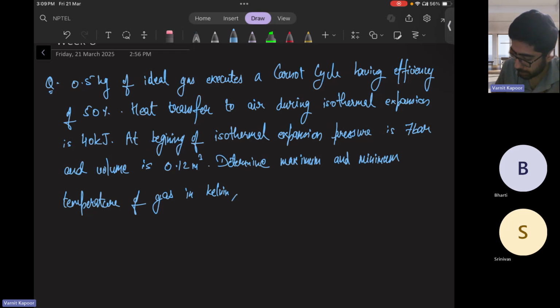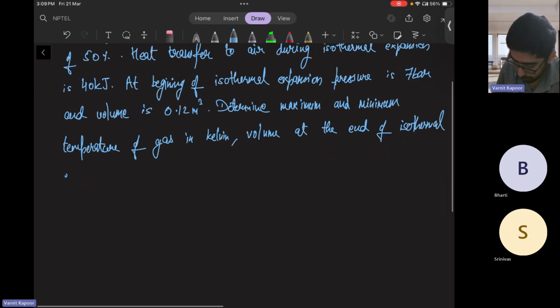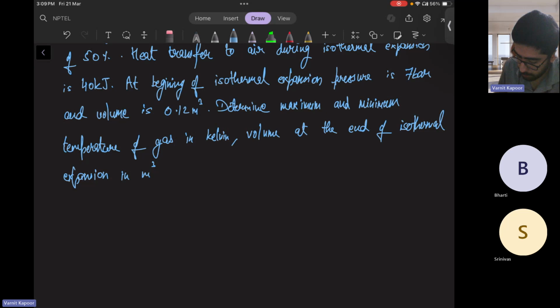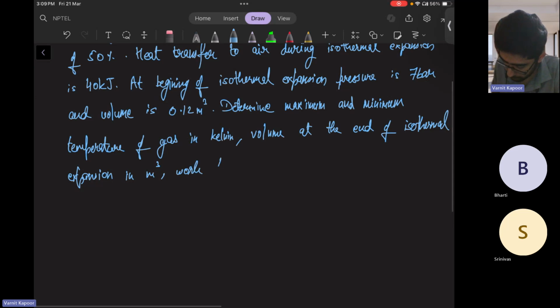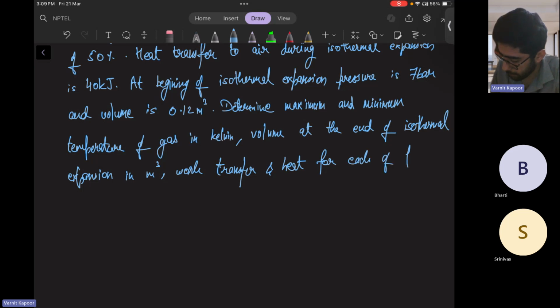the volume at the end of isothermal expansion in meter cube, and also the work transfer and heat for each of the 4 processes in kilojoules.